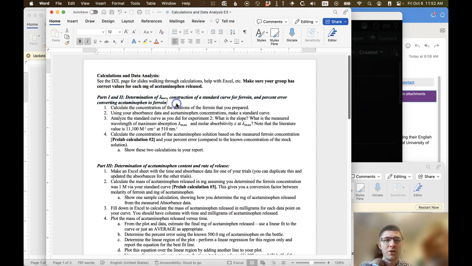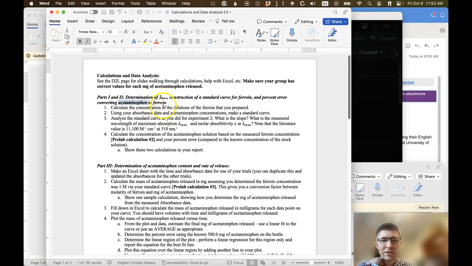Parts 1 and 2 were where you determined lambda max, constructed your standard curve, and did that conversion of a stock solution of acetaminophen to ferroin. A lot of this is going to be very similar to your cobalt chloride report, right? If you think about why you did this, we can't measure acetaminophen directly because it's clear and colorless with our spectrophotometer.